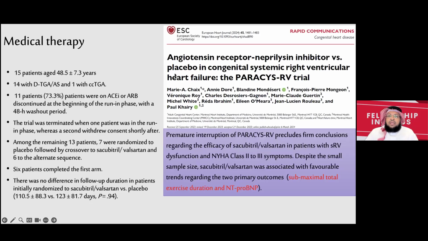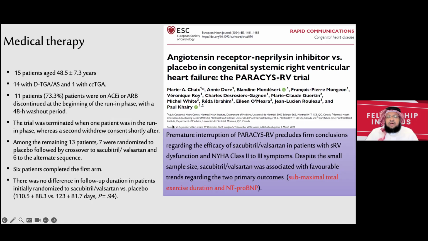This is one of the new medications, Entresto, sacubitril-valsartan, in these patients. The sample was very small and the study was prematurely aborted because some patients withdrew and there were some adverse effects. Only six patients completed the first arm of the study.